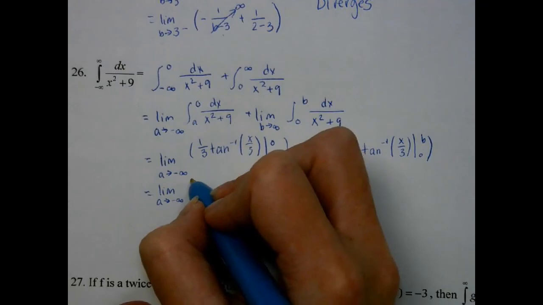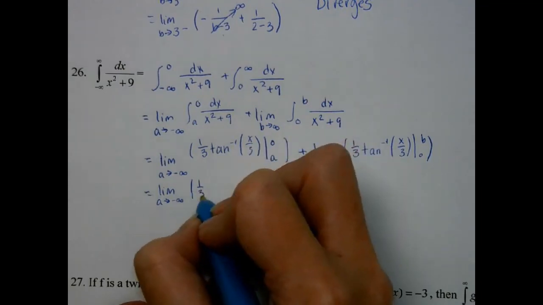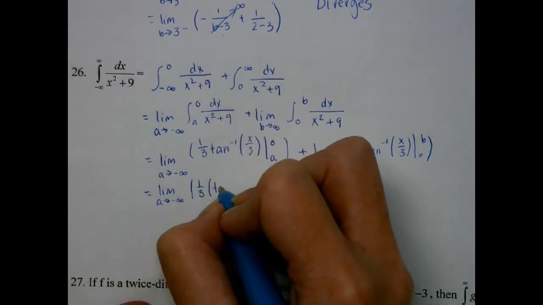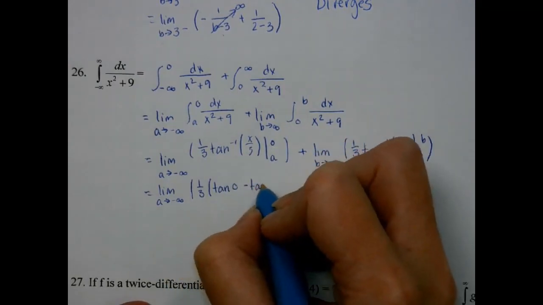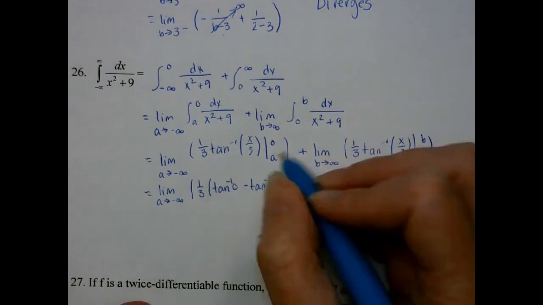All right, so we're going to have 1/3 times tangent inverse, if I plug in 0, tangent inverse of 0 minus tangent inverse of a over 3.